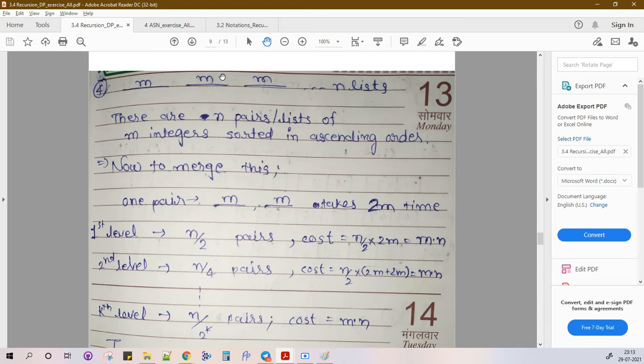If I take one pair, m and m, say 3 and 3, I need just 6 iterations to merge them. So it will take m plus m, that is 2m time. This is the ground truth we know.